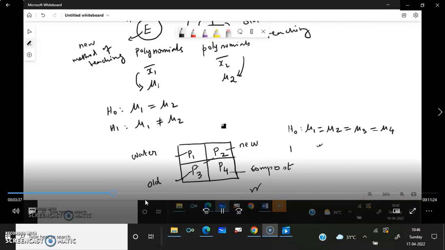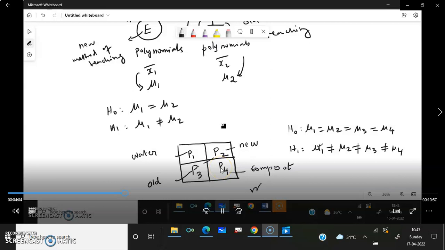So t-test may not be that helpful in this case, and it is time consuming, and the cost is also more. So we are unnecessarily doing t-tests, and moreover the alpha level has to be fixed very low according to the formula: 1 minus alpha, the whole to the power n, where n is the number of groups. If there are 3 groups, then that much power.